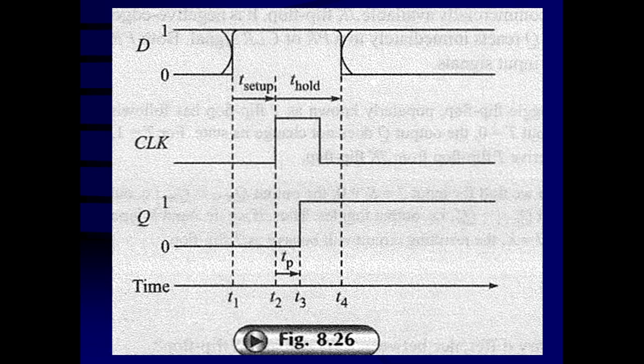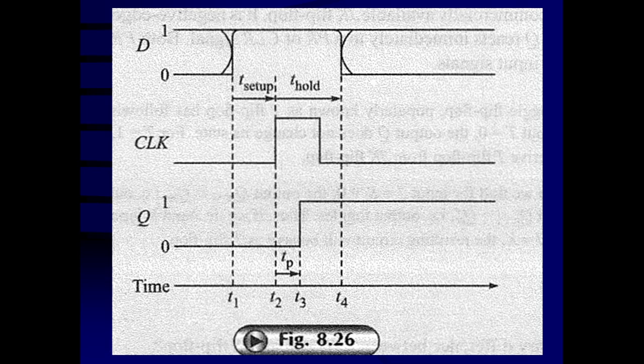Before the clock edge hits the flip-flop, there should be a minimum amount of time that the data bit has to be present. This minimum amount of time is called the T setup time, which is at the intersection of t1. So at time t equal to t1, the data bit has to be present and held constant before the clock edge arrives.